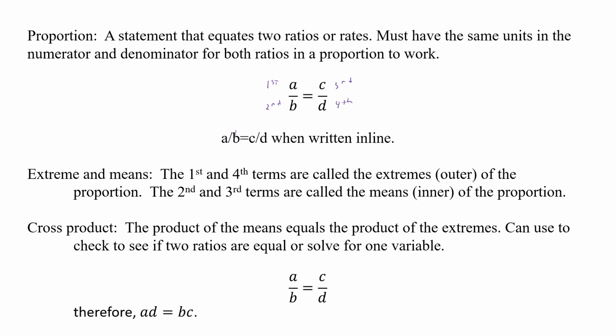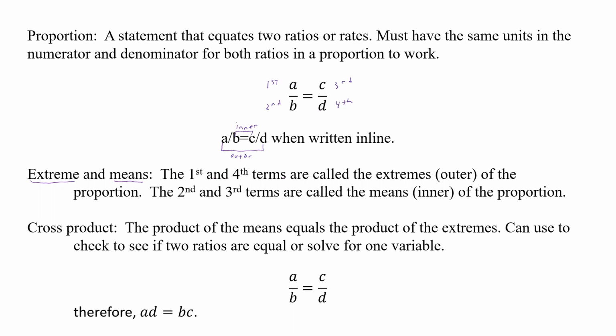Then we can see that these are the inner terms and these are our outer terms. So when we look at these, we can find extremes and we can find means. Now the first and fourth term, the A and the D, are called the extremes.